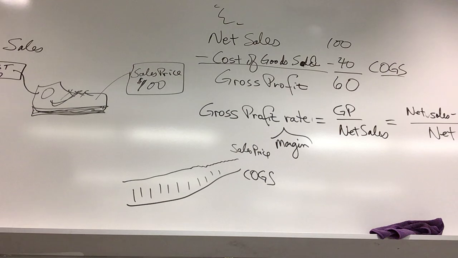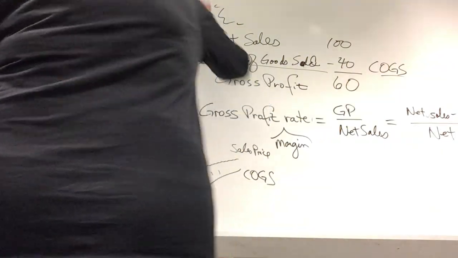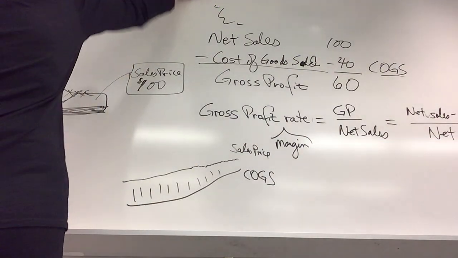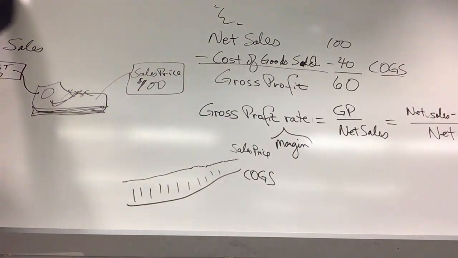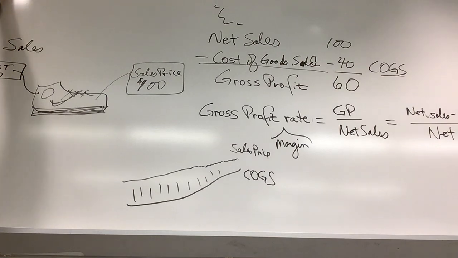All right? So now what we have to do is some journal entries for buying and selling inventory. Okay? How you do these journal entries depends on what kind of accounting system you have for inventory. There are different systems you could use.